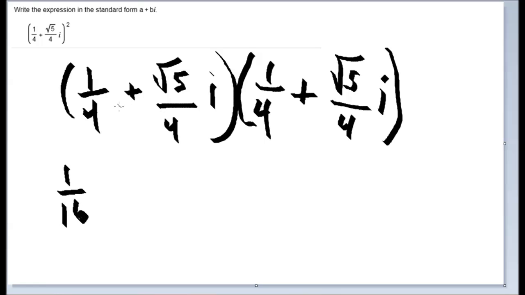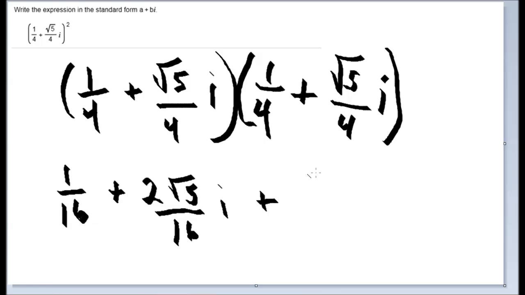And then we have 1/4 times the square root of 5 over 4 becomes plus, well, we're going to have the outer and the inner be the same, so 2 square root of 5 over 16 i. And then we have the square root of 5 times the square root of 5, which is actually 5 over 16, and then i squared.